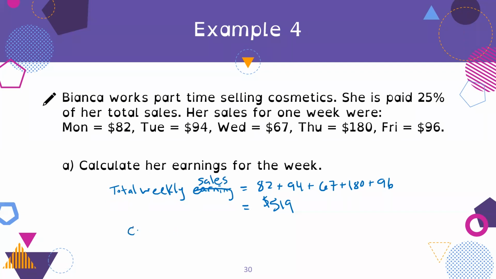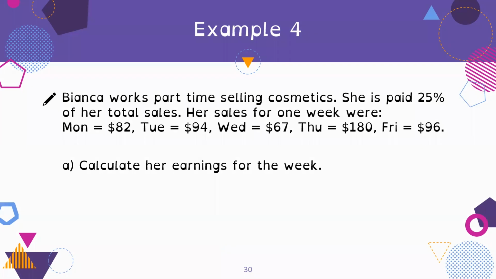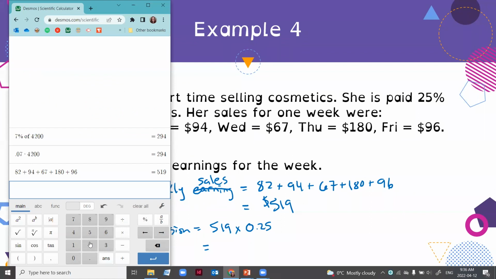So for commission, how much she actually made on that, we have to do 519 times 25%, so times 0.25. And that we figure out how much she actually makes. Sorry, mistakes happen.